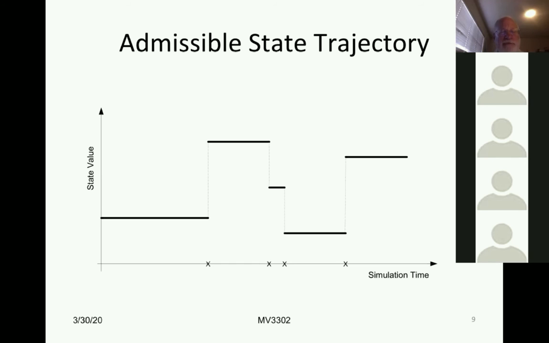What is meant by piecewise constant is that the function is constant for a while, and then it jumps from one value to the next. Then it's at that value for a while, and then it jumps to another value, and then another, and then another, et cetera.